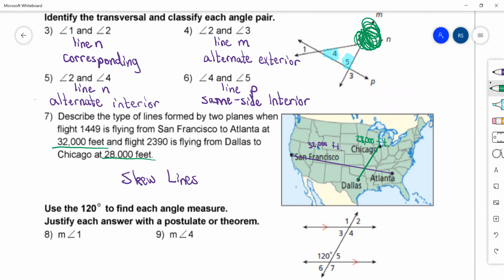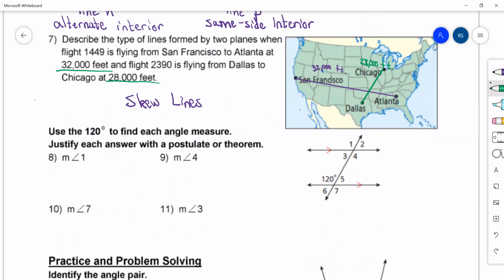There we go. Yep, we don't want them meeting at the Oklahoma-Arkansas border. That wouldn't be pretty. So they're going to fly at different heights so that doesn't happen. Okay, that's 7.